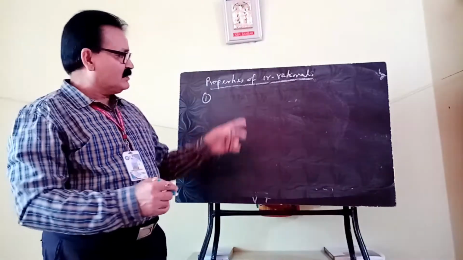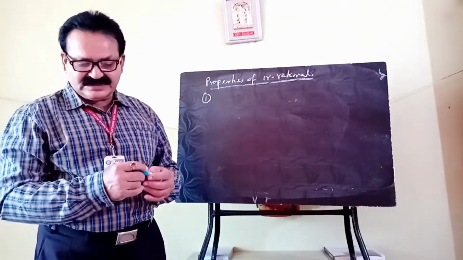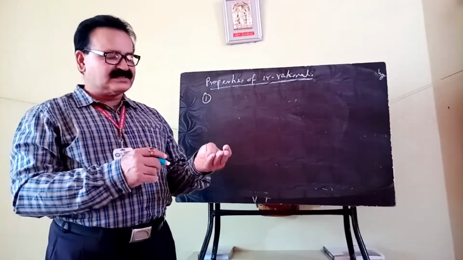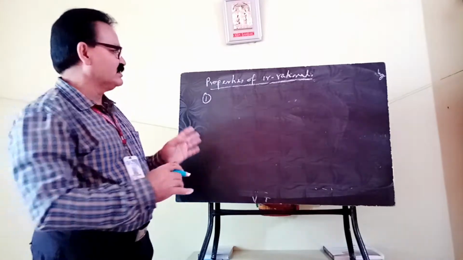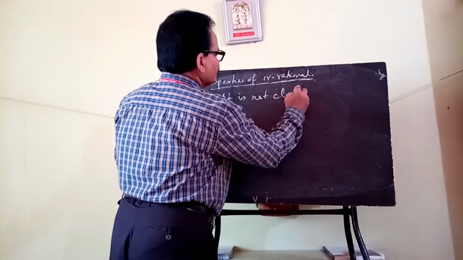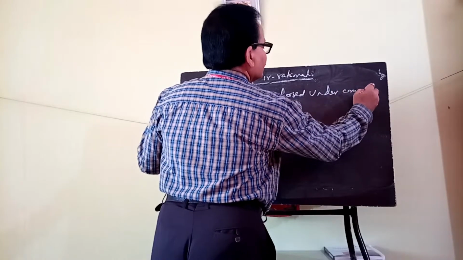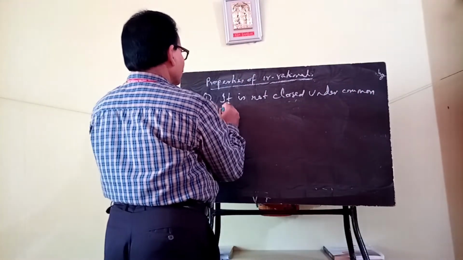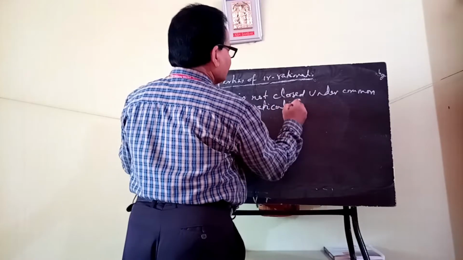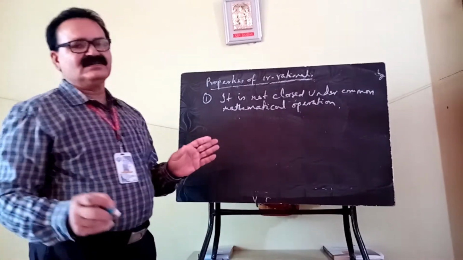But in case of irrational numbers, irrational numbers are not closed under any arithmetic operation, meaning addition, subtraction, multiplication, etc. It is not closed under common mathematical operations like addition, subtraction or multiplication.